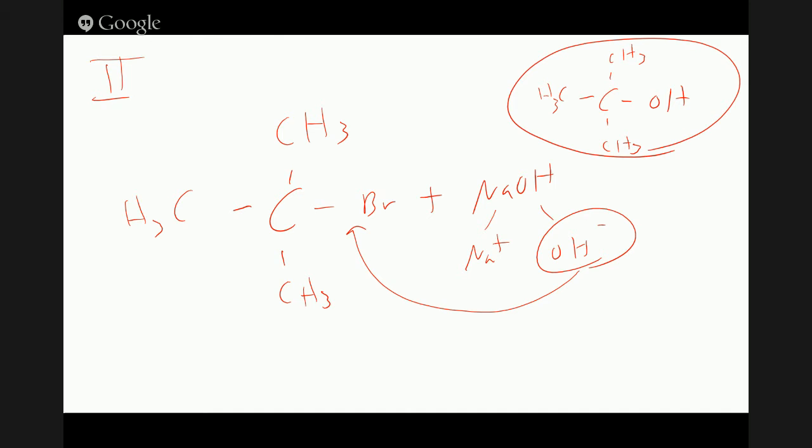And that's my main product. And then I will also get NaBr, which will be aqueous. Okay, I'm not writing that very well, sorry. So for reaction number 2, the product that is C is going to be a tertiary alcohol. It's a substitution reaction. I'm taking the hydroxide and I'm substituting it for the bromine.